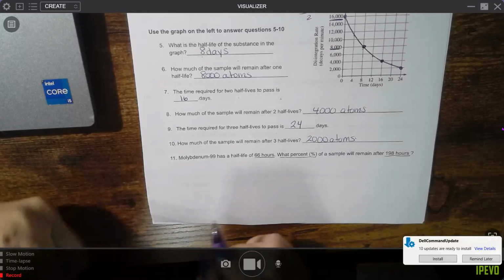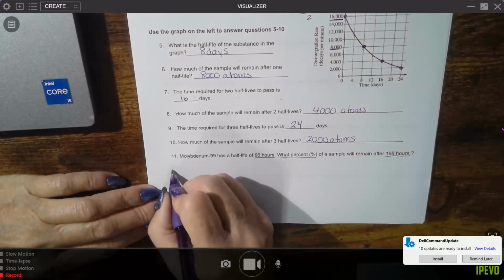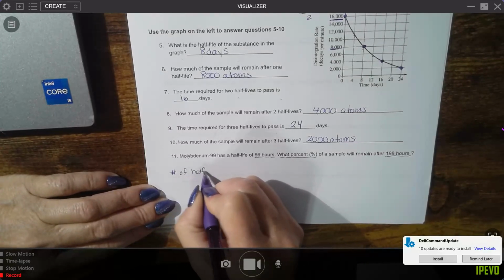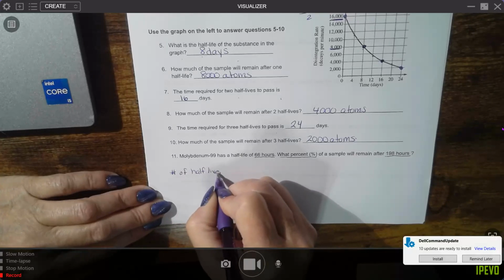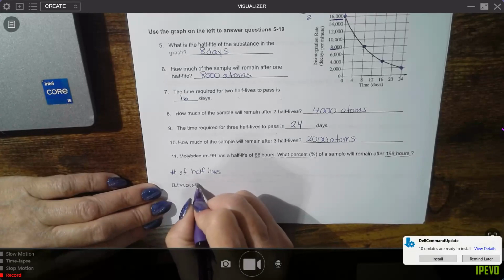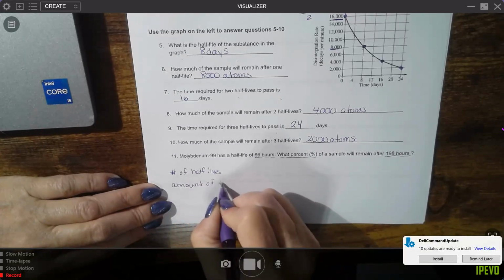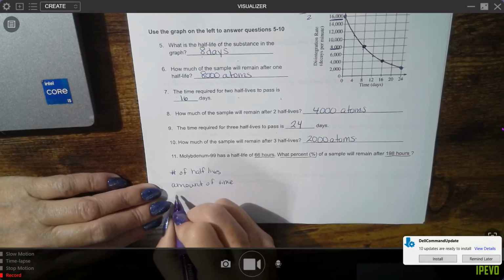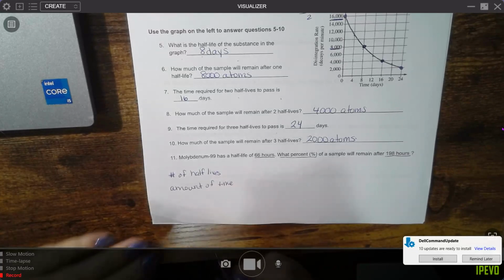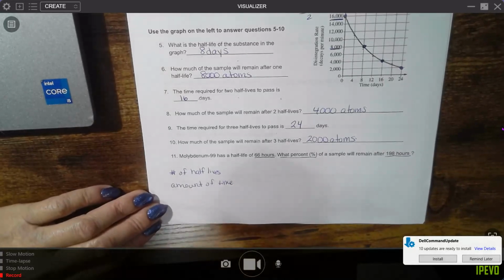We're looking at the number of half-lives, the amount of time, and the amount of material.